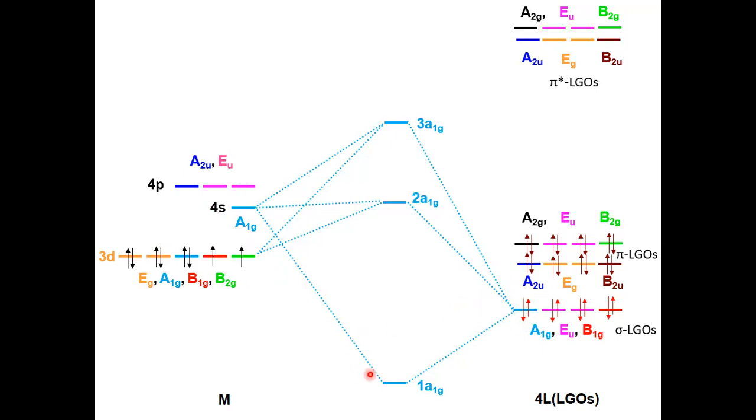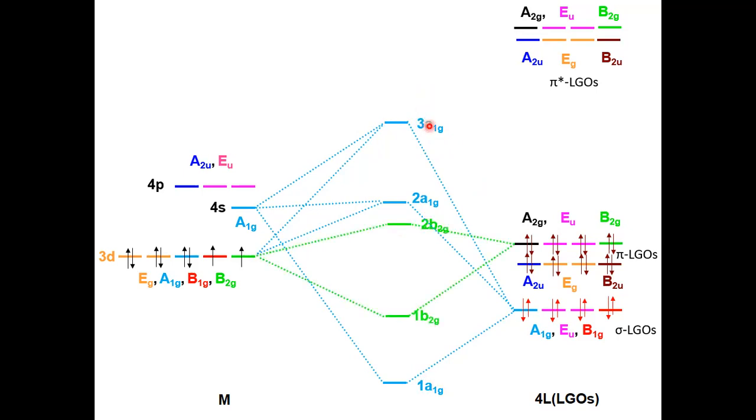So what is the result? We have one bonding molecular orbital, one approximately non-bonding one, and one antibonding one. We label these 1A1G, 2A1G, 3A1G, respectively. So pi bonding is not involved with respect to this symmetry type.